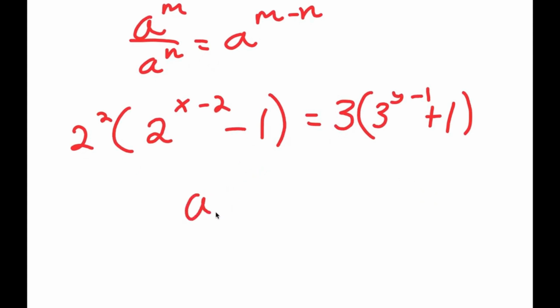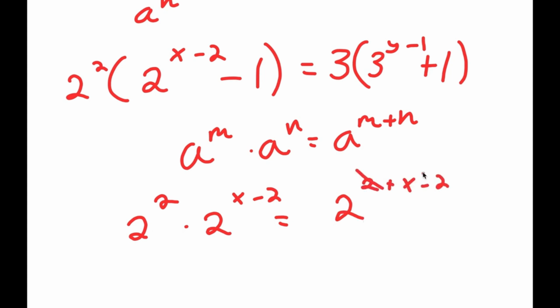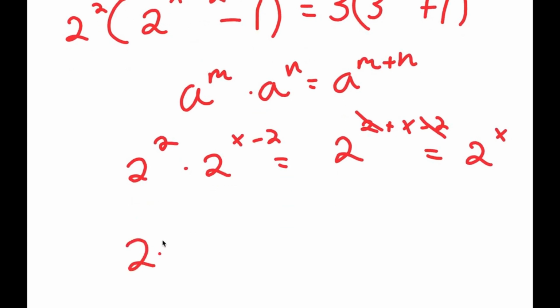Now from here, if I have something in the form a to the power of m times a to the power of n, this is equal to a to the power of m plus n. So 2 squared times 2 to the power of x minus 2 is equal to 2 to the power of 2 plus x minus 2, and 2 and negative 2 cancel out, so I just get 2 to the power of x.